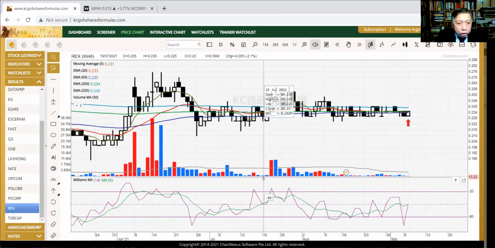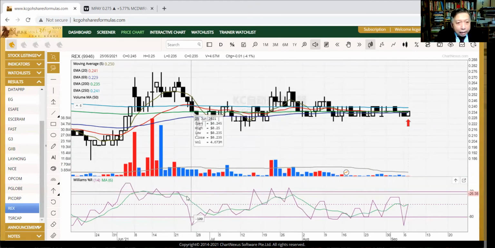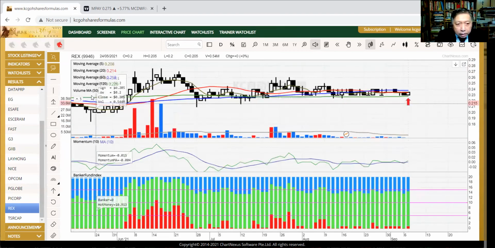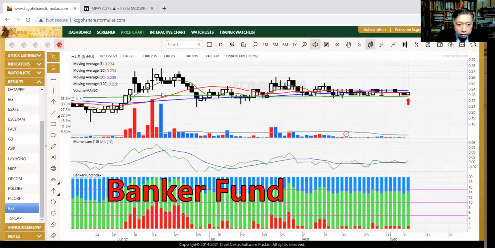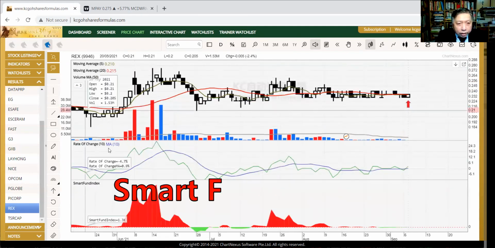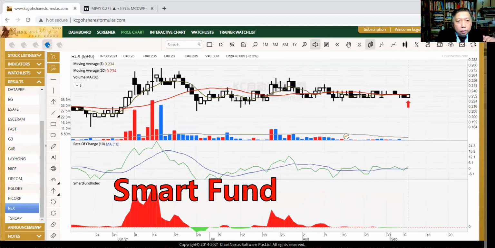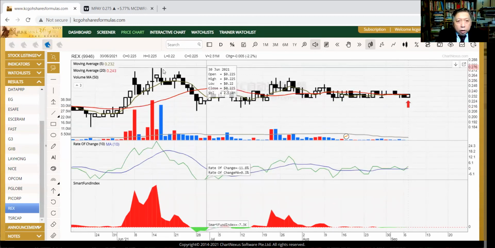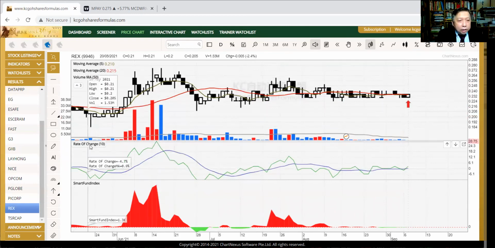Those other indicators are like the banker indicator or the smart fund index. Of course, I don't have the exact indicators he used.